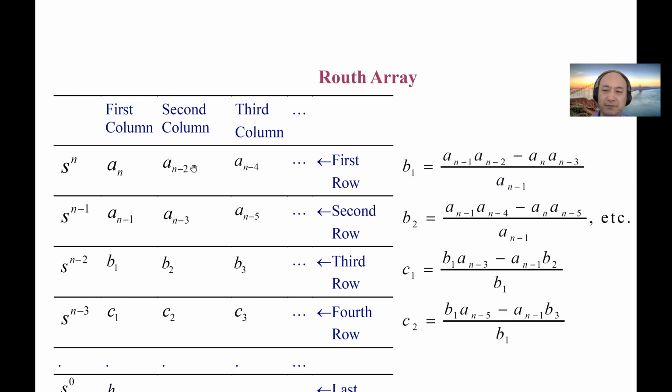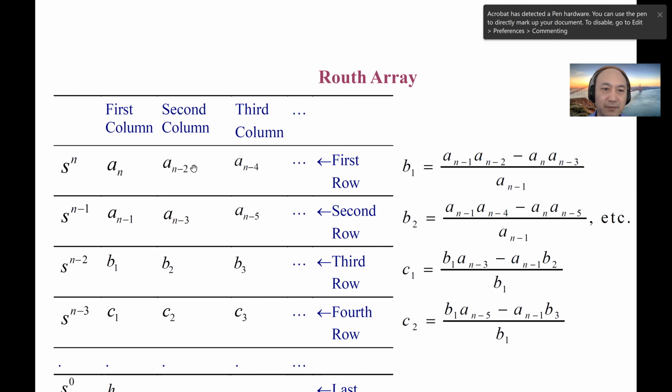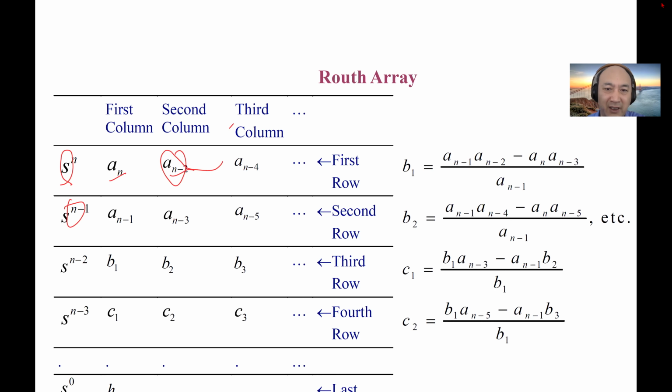So the first row and the second row are the highest order, next highest order. Then you can put all these coefficients in line like that. So basically you need to know how to put the first row, second row. The rule is simple. Then the third row and onwards use the same method.